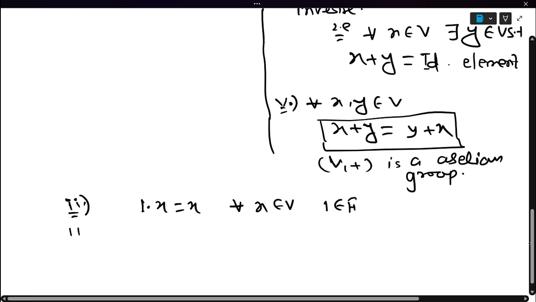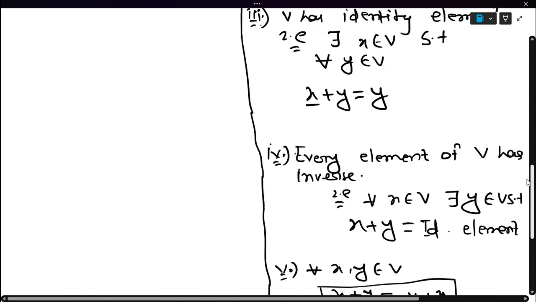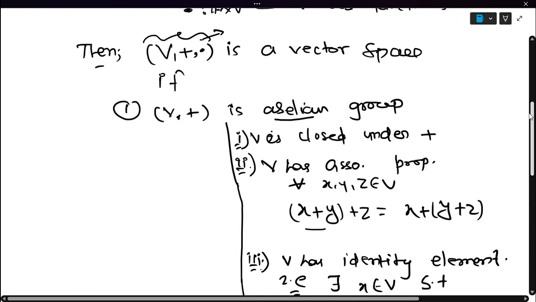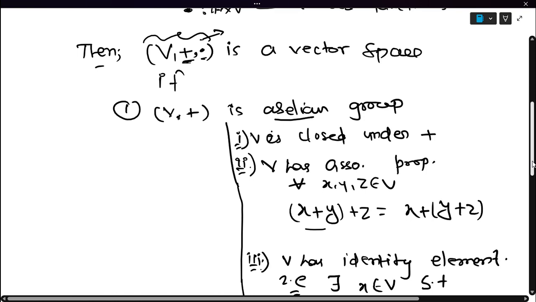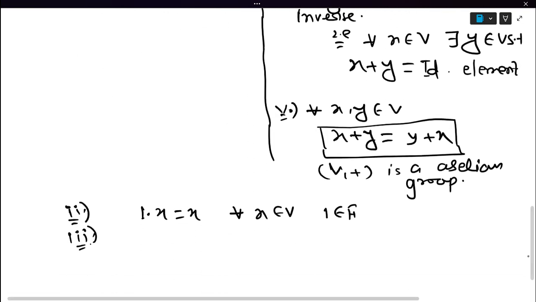The third property concerns the second operation, which we have written here. The first operation is plus, and the second operation is dot. So now we are dealing with the second operation.